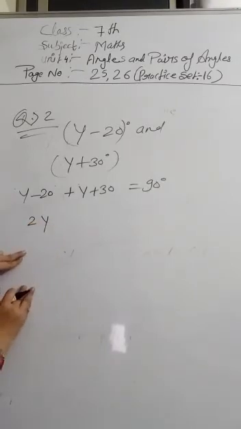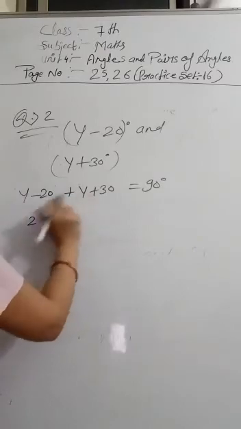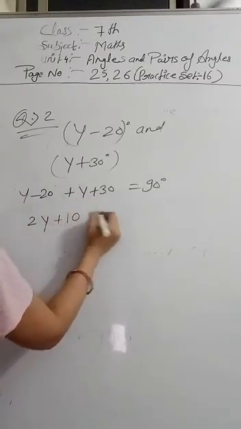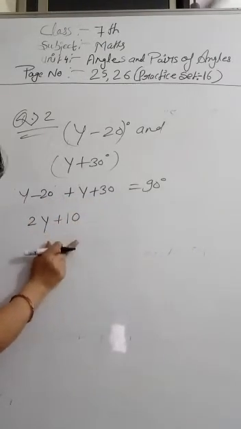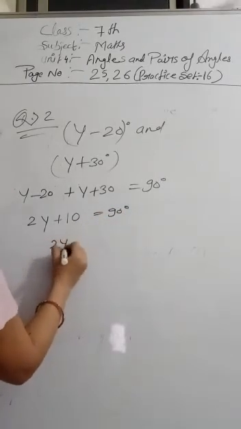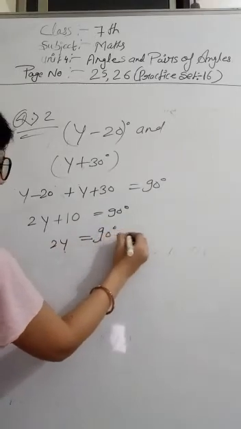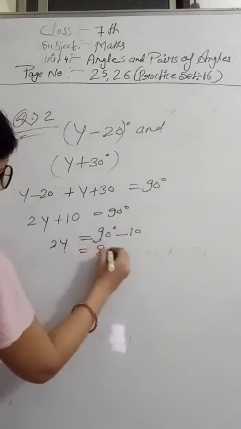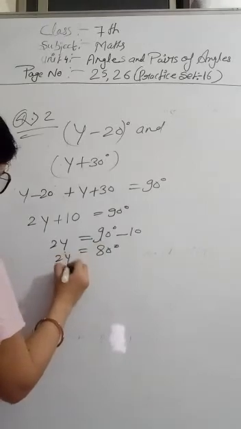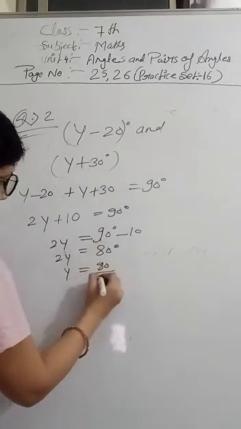We will write 2y, minus 20 and plus 30 becomes plus 10, equal to 90 degree. Now 2y we keep here and 90 minus 10. Now we get 80, 2y, so y equal to 80 by 2.